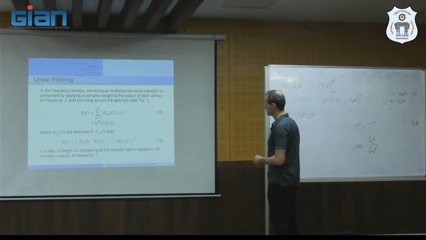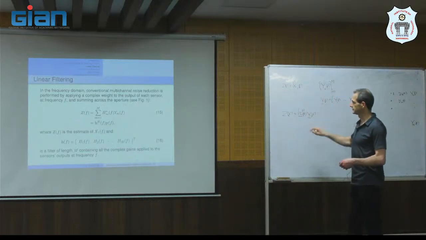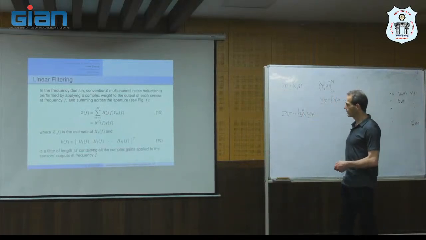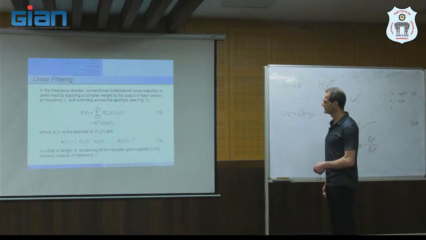So for linear filtering, the output, an estimate of x1f, is a superposition of the noisy measurements. So it looks like this, where this vector is defined as the gains that we give to each measurement in each sensor.